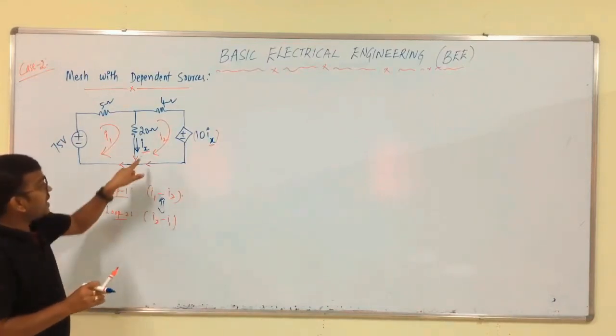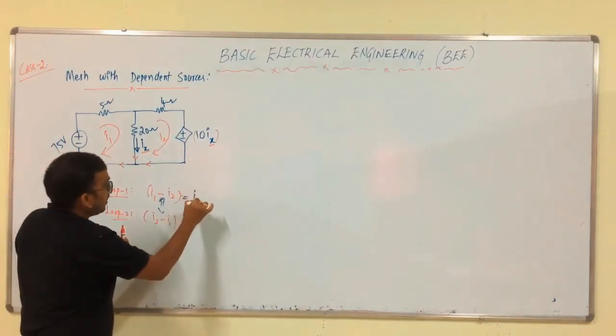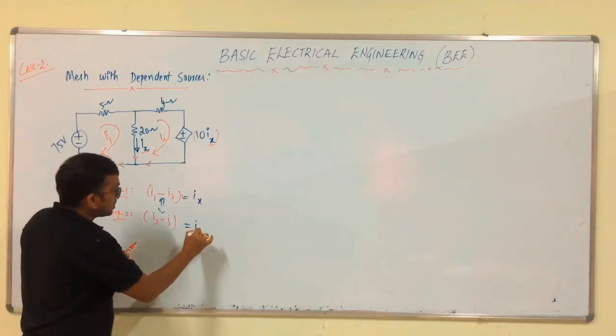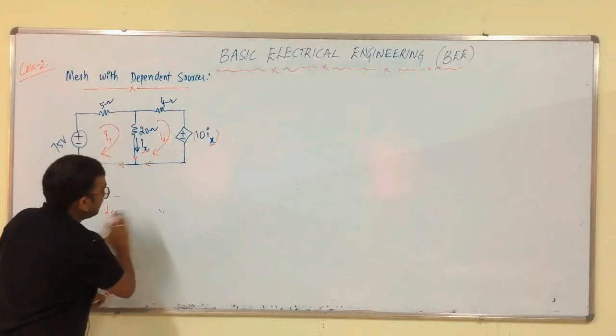But given, the current through this branch is nothing but Ix only, which equals Ix with respect to loop 1, which equals Ix with respect to loop 2. Okay? Simple.